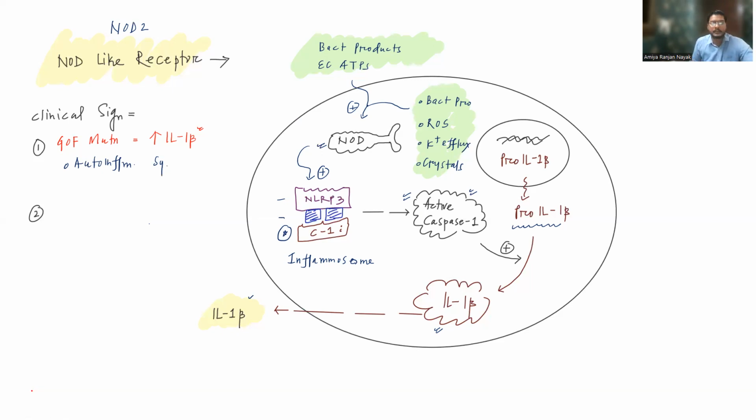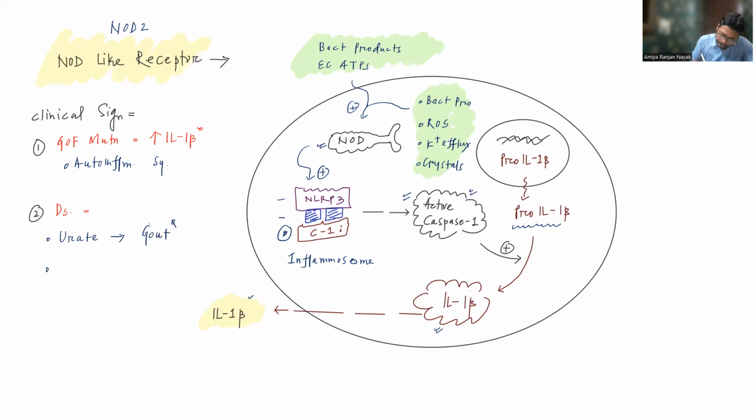The second important clinical significance is that some diseases are associated with the inflammatory response produced by these NOD-like receptors. For example, if they produce an inflammatory response against urate crystals, it is going to be associated with gout.